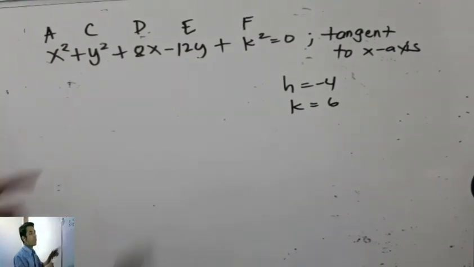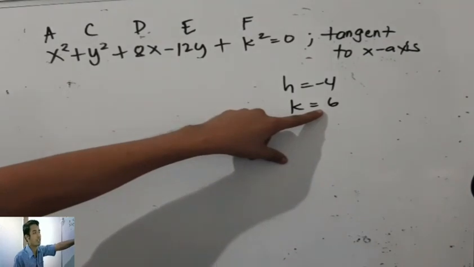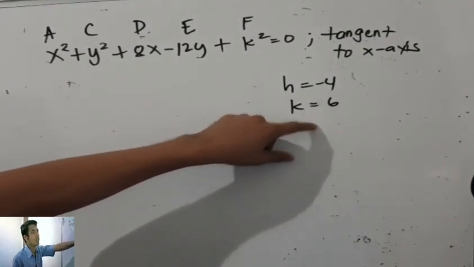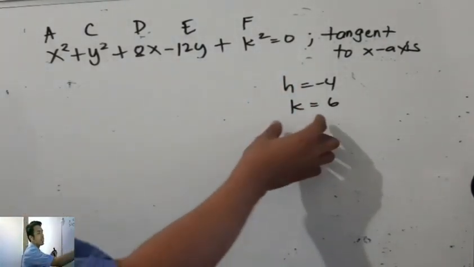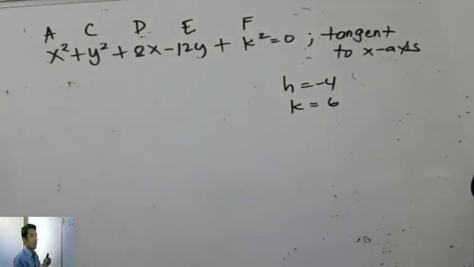To solve for the radius now, since we have negative 4 and 6 as our center, to find the radius, get the distance from the center to our x-axis.